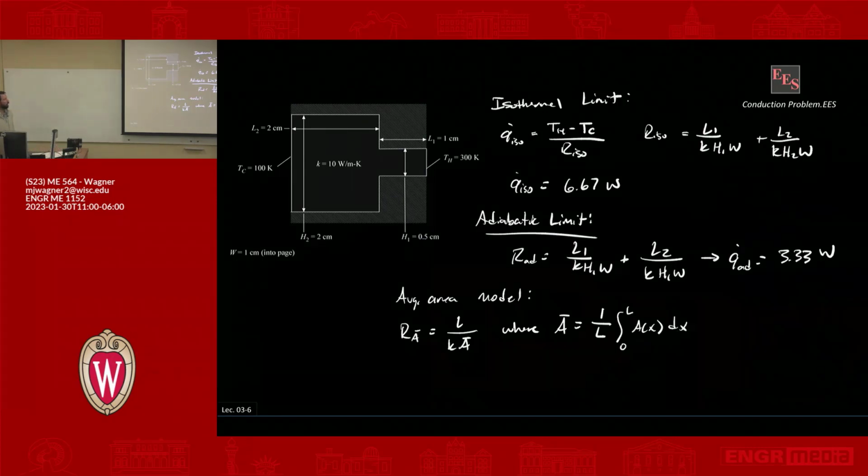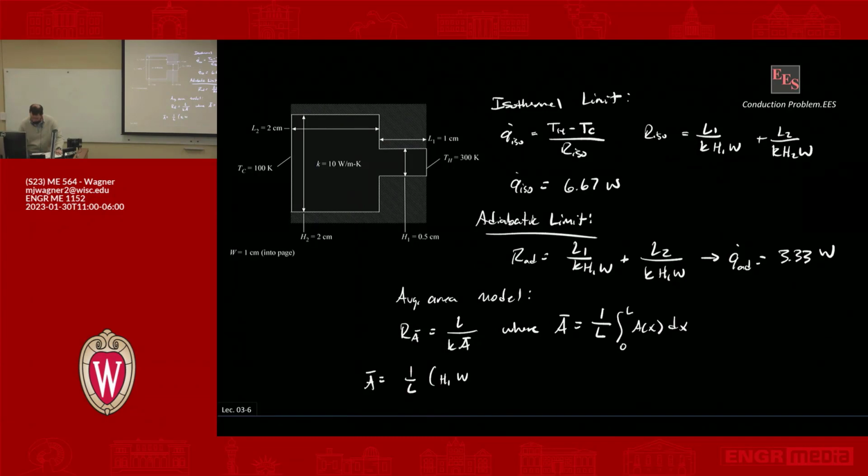That's just the general way of integrating to find the average area. If we do that, A bar is equal to 1 over L times H1 W L1 plus H2 W L2. That's just our integral. Then Q dot A bar is equal to TH minus TC over R A bar. And that gives us 10 watts.